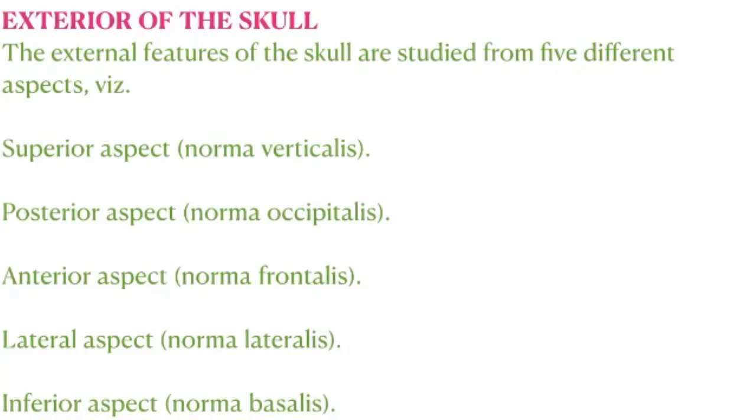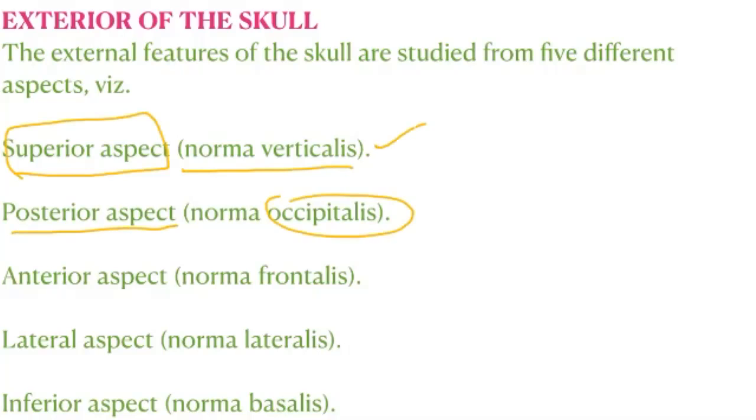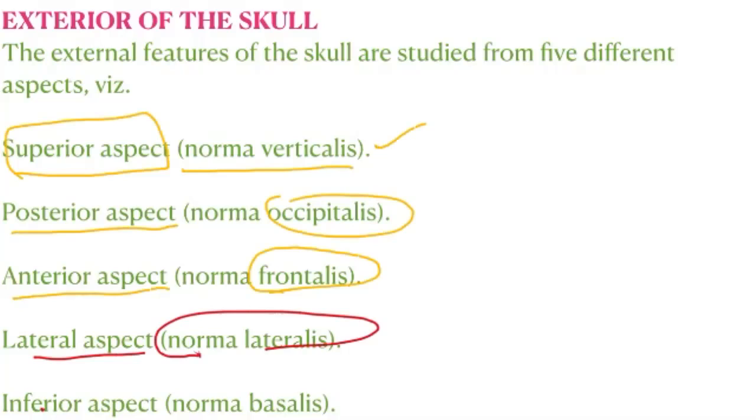If we see the superior aspect, it is called norma verticalis. If we see the skull from the posterior aspect, it is called norma occipitalis. From anterior, it is called norma frontalis. From lateral, it is called norma lateralis, and from the inferior aspect, it is called norma basalis.